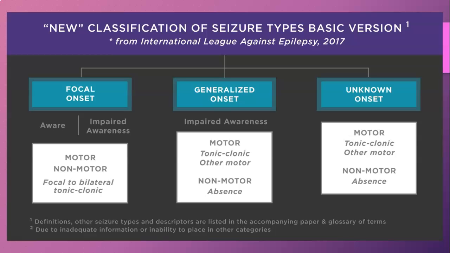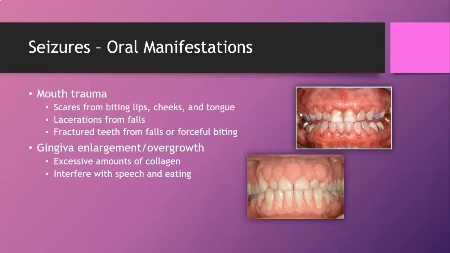So more sensory and autonomic as opposed to big motor movements. Those help clarify motor and non-motor, focal to bilateral tonic-clonic, bilateral being on both sides, affecting both sides of the brain. So it's where the seizure starts, and then the flow chart of what can happen. I just put that in for information.